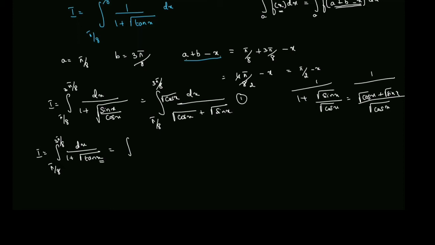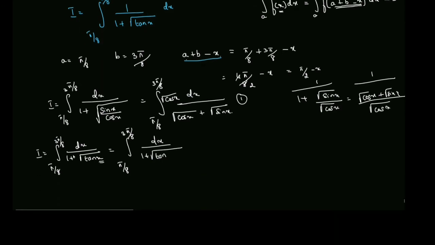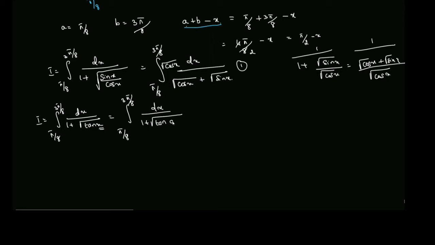So we replace x by pi by 2 minus x inside the integral from pi by 8 to 3 pi by 8. Both are equal to the same integral I, since the integral of f of x dx is also equal to the integral of f of a plus b minus x dx.